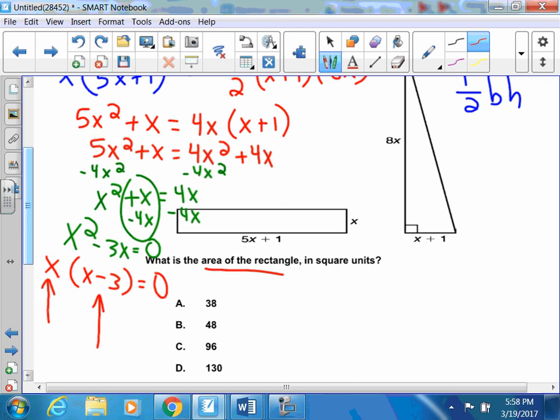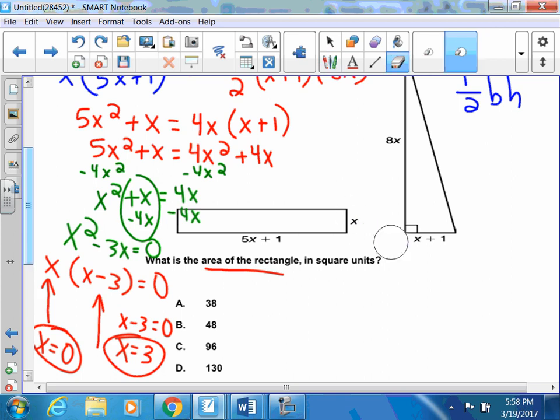Well, if x equals 0, okay, there it is, done, x equals 0. And the other one is x minus 3 equals 0, and you solve that, so x is going to equal positive 3. So x could equal 0 or x could equal positive 3. But x cannot equal 0 because if you plug in 0 right here, that wouldn't have any dimension to it. So x has to equal positive 3.